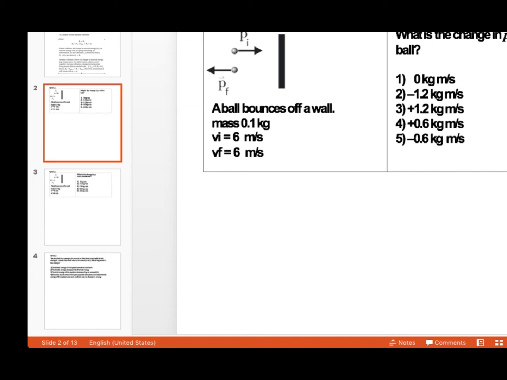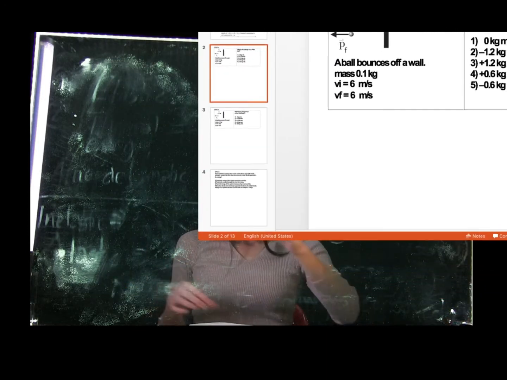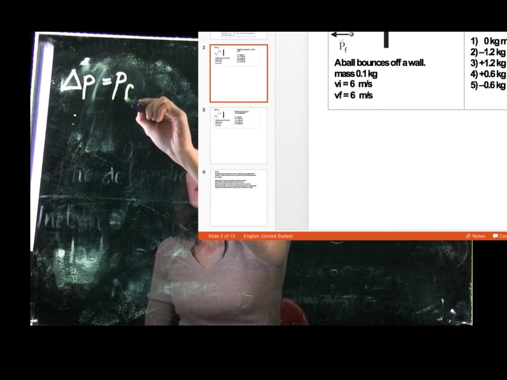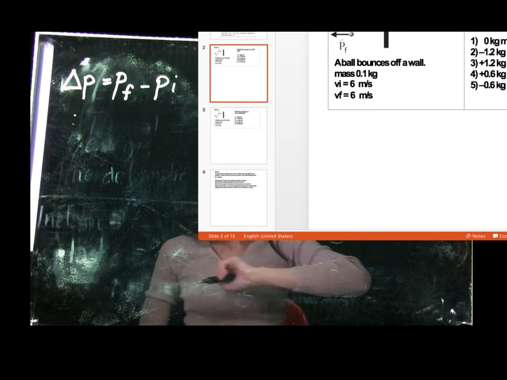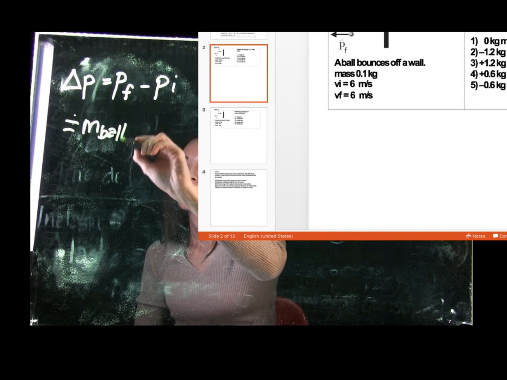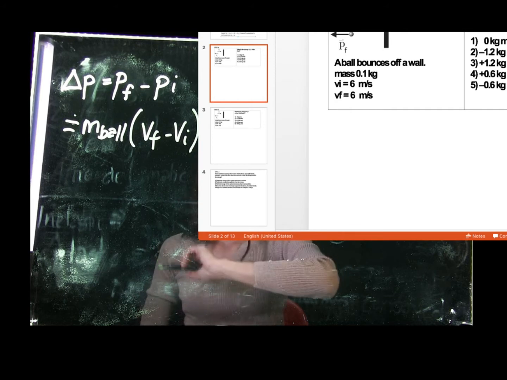From our earlier definition of the change in momentum, we can write that the change in momentum is equal to P final minus P initial. So we have the mass of the ball times V final minus V initial.